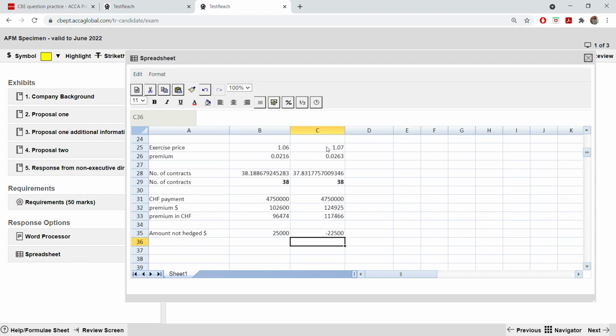This takes time. You see, so much time is taken from here to here. This is a deduction, because this is the overhedged amount. You can remove the minus by putting a minus sign outside the bracket. Better to show it here.